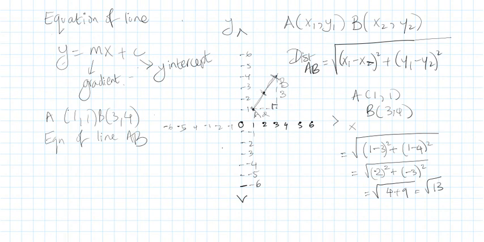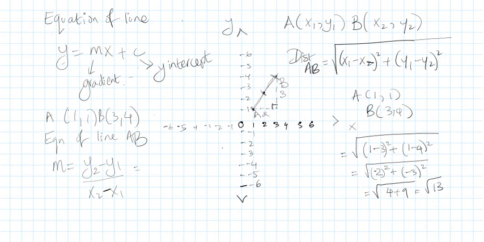But before finding the equation of line AB, which is going to look like the equation written here, y equals mx plus c, we need to have a formula to find the gradient itself. So the gradient m is y2 minus y1 divided by x2 minus x1. So that's the gradient formula if we have two coordinates.